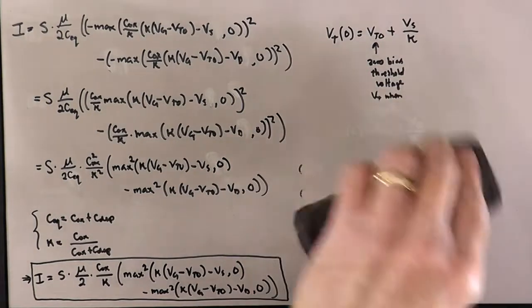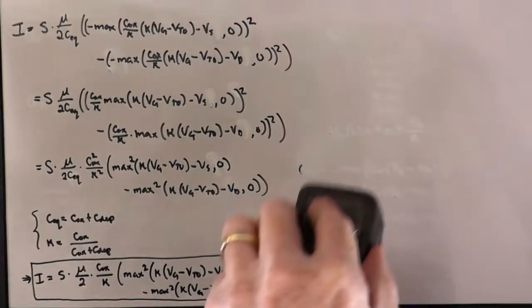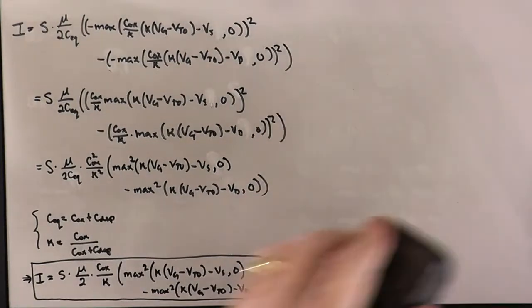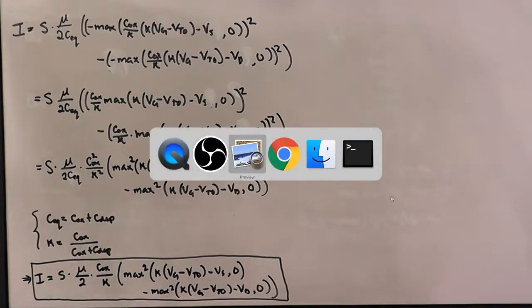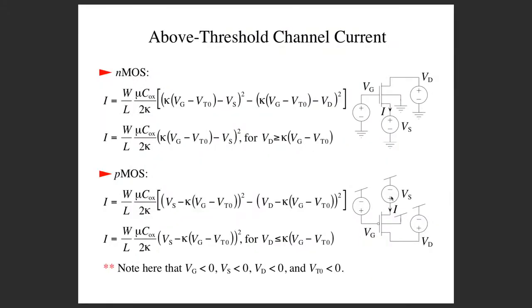So we can get rid of this. So I'm going to flip over here to our slide deck that we were going through. And so here you can see this is not expressed in terms of the max.